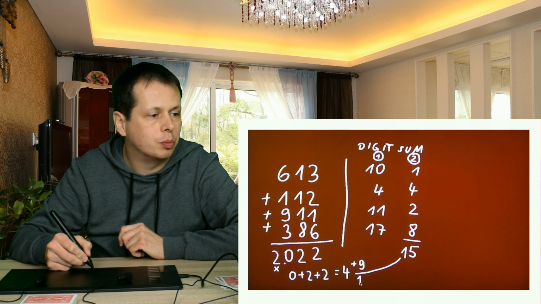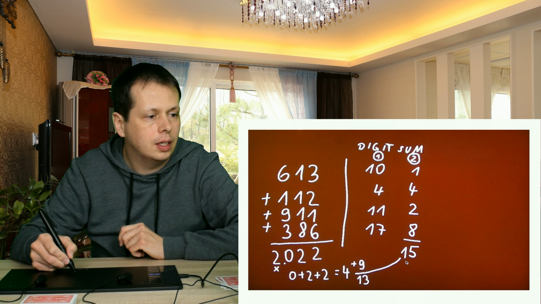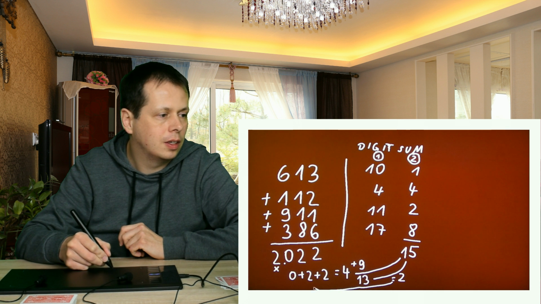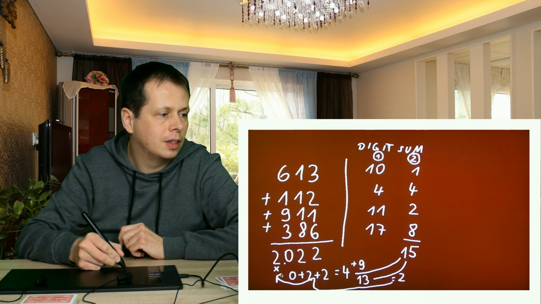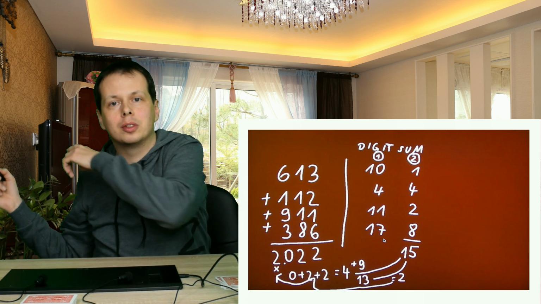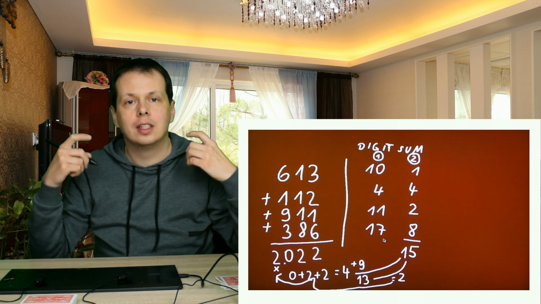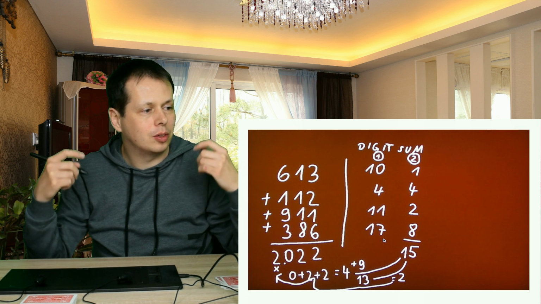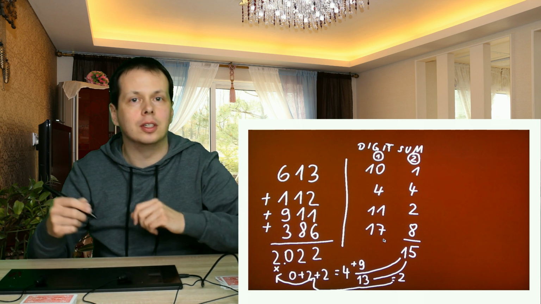And this would be 30, and then you have the 2. And while you turn around, you can answer that the selected digit is the 2.